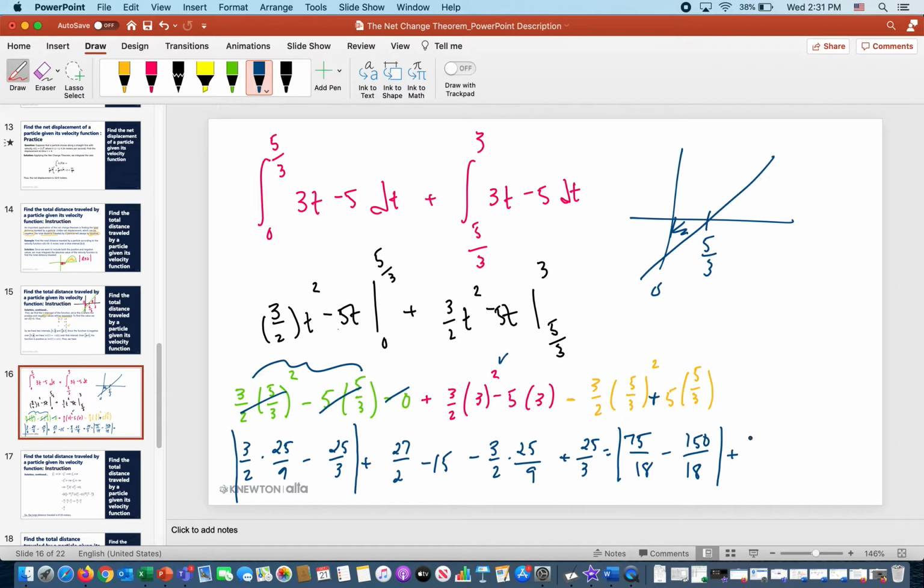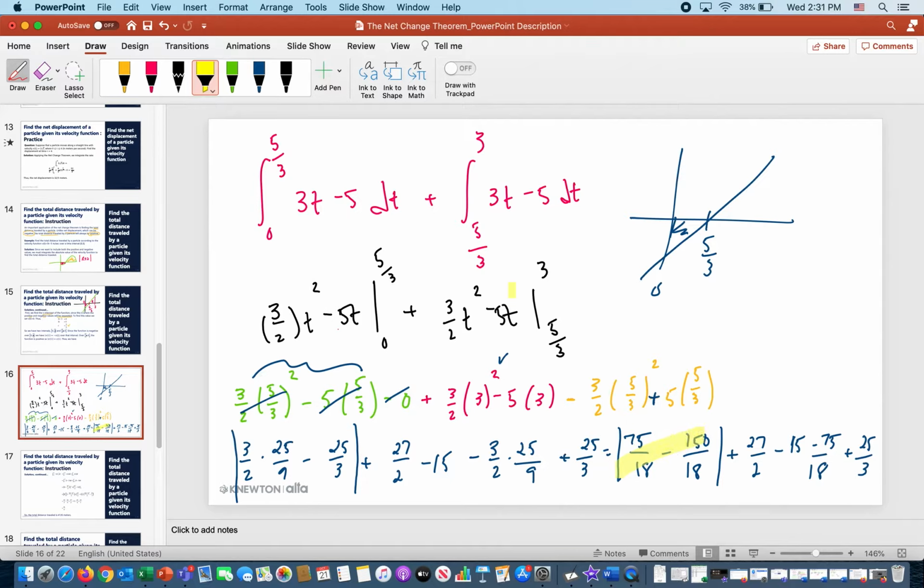And then I'm going to have 27 over 2 minus 15. There's a small 15 there. This is going to be minus 75 over 18. Again, I don't want to combine these yet because there are absolute values right here. So I've got minus 75 over 18 plus 25 over 3. Remember how we said what I have right here is going to combine to give me a negative 75 over 18.